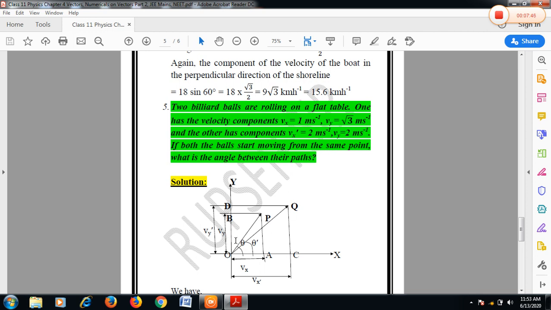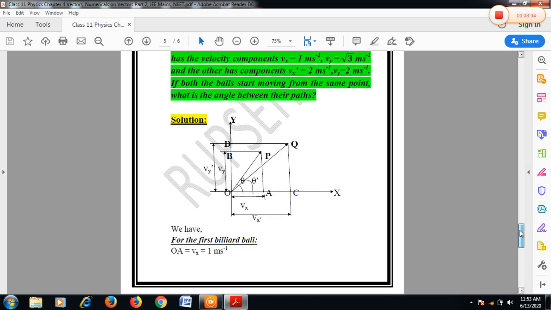Vx and Vy represent the x and y components of the velocity of billiard ball 1, and Vx prime and Vy prime represent the x and y components of the velocity of billiard ball 2.